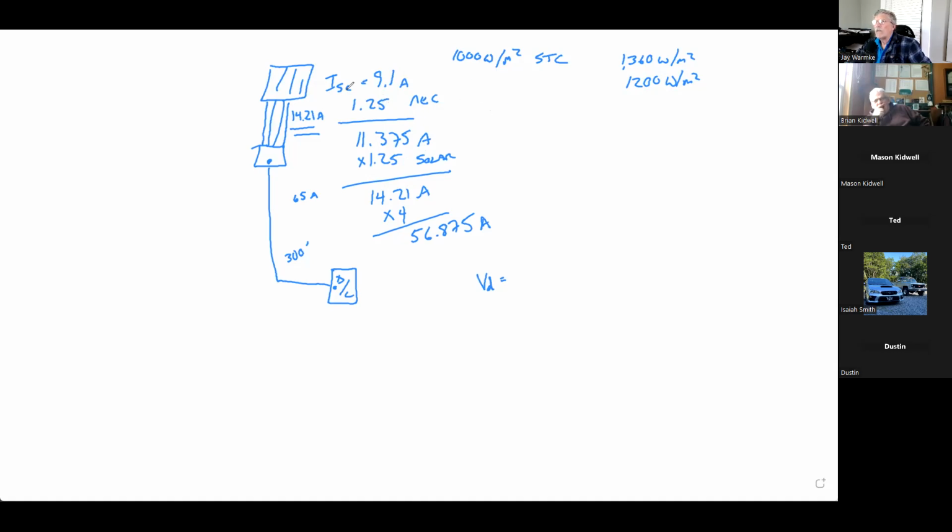We don't want the 1.25 and 1.25. So in this case, I would look at the IMP, and let's say that the IMP for this panel is 8.6 amps. Well, then it would just be 8.6 times 4, because they're being combined in here. And 8.6 times 4 is 34.4 amps.